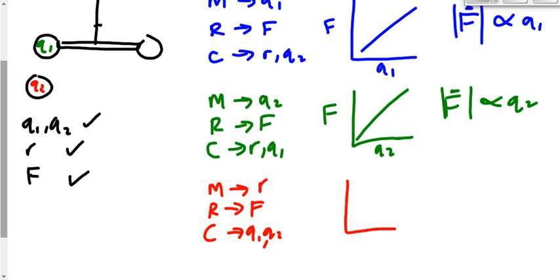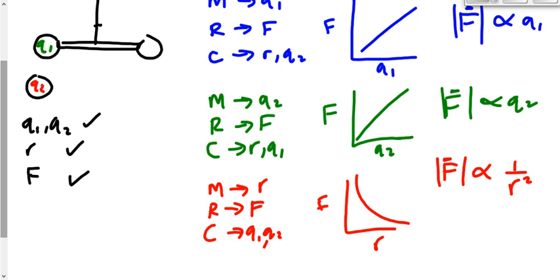You plot that graph of F versus R, and the shape of that would be this. Now that shape could mean 1 over R, or it could mean 1 over R squared. In this case, it would mean F is related to 1 over R squared. But it would be difficult to tell just by looking at it whether it was 1 over R or 1 over R squared.